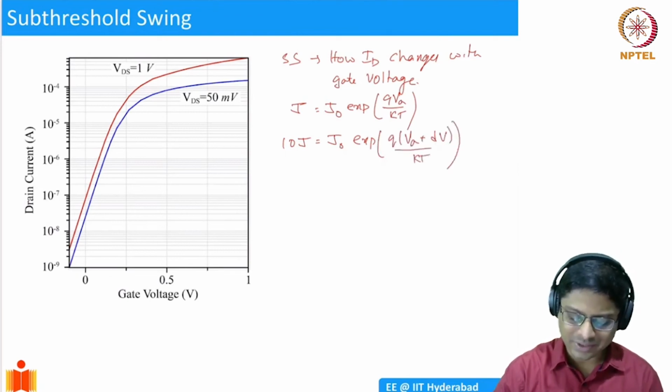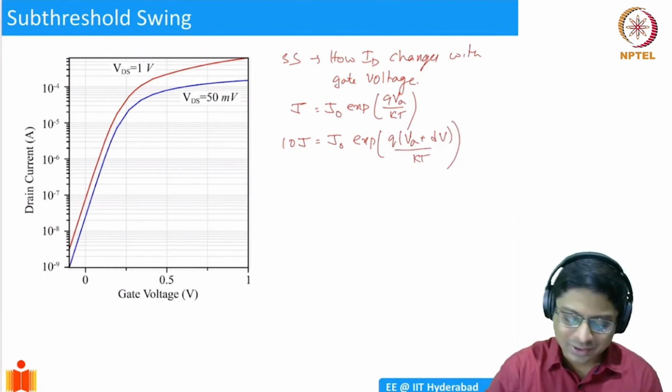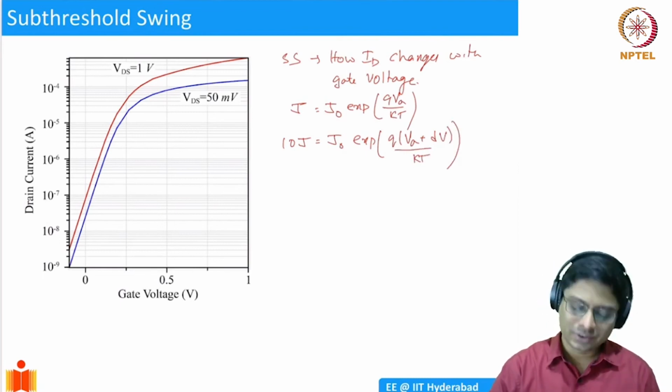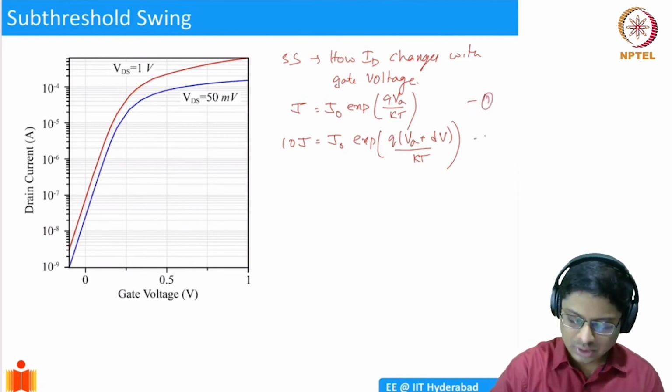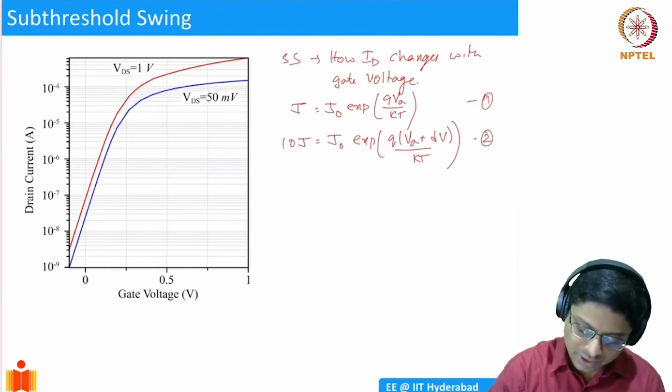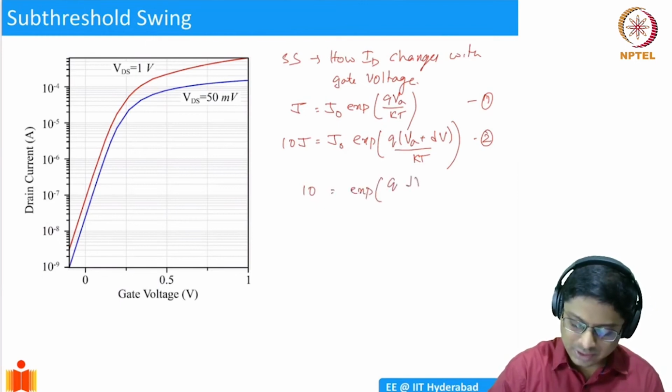I think I have mentioned this sometime in the course. I'm just repeating it. So let's say this is equation 1, equation 2. Take the ratio of these things. What you get is 10 equal to exponential Q delta V by KT.